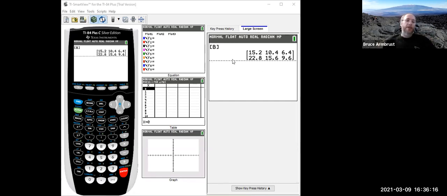But if they actually were independent, we would expect 15.2 college graduates to say they like football, and 10.4 to say they like baseball, and 6.4 that said they like curling. And then these would have been the numbers for our non-college graduates: 22.8, 15.6, and 9.6. If you go back and look at the actual values we found, you can see why we failed to reject.